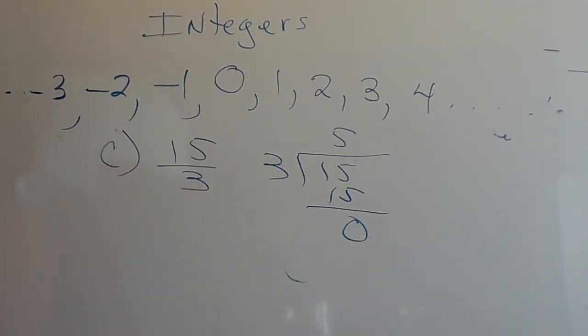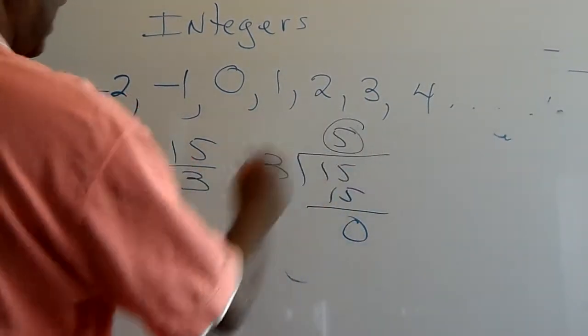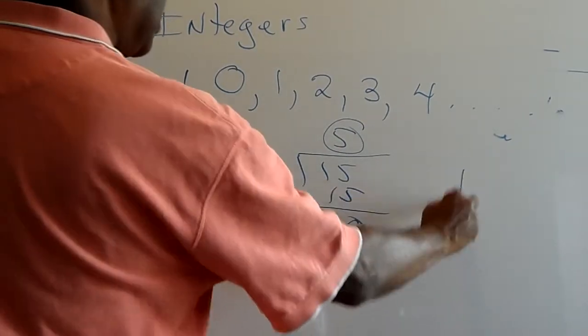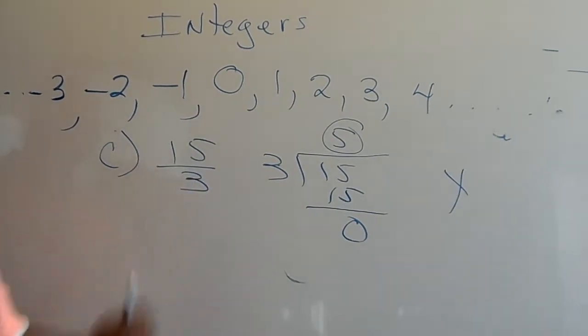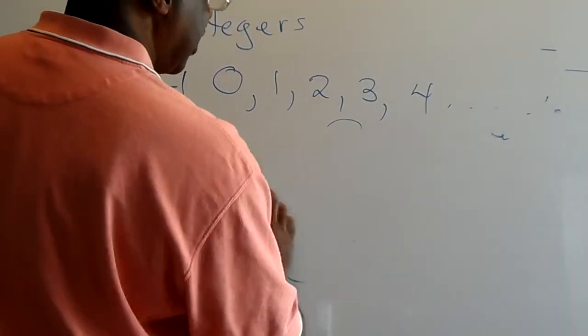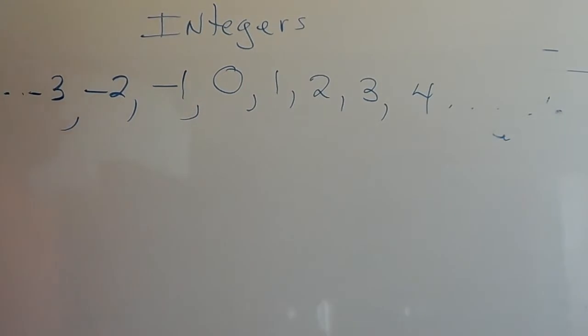No remainder. So this is really nothing more than 5. If there's no remainder, the answer is yes. That number, 15 over 3, is an integer, because it's nothing more than 5, and 5 is an integer. So divide them out. If you get a remainder, it's not an integer. If there's no remainder, of course, it is an integer.